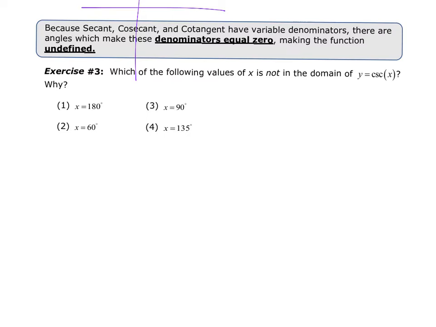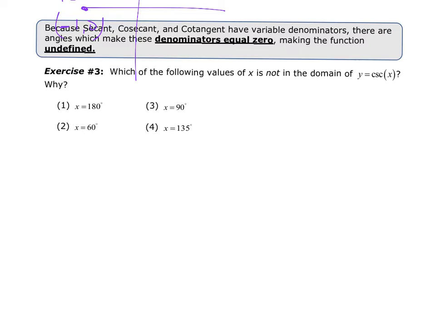So at 90 degrees, our coordinate here is 0, 1. And at 180, our coordinate here is -1, 0, right? So the sine of 90 degrees is 1 over, well, it's just 1, right? But if I need to put it over something, I'm going to put it over 1.